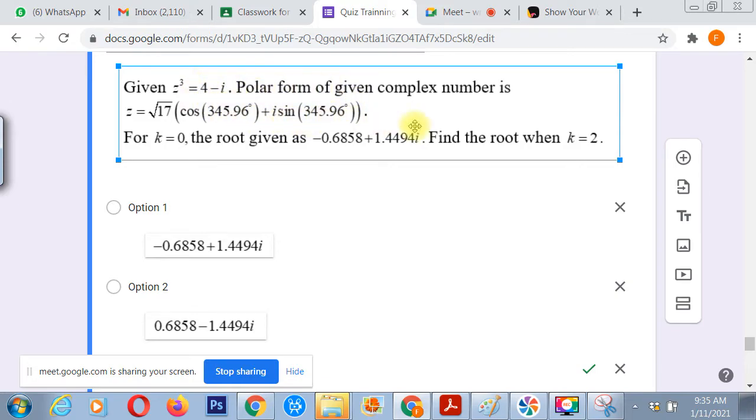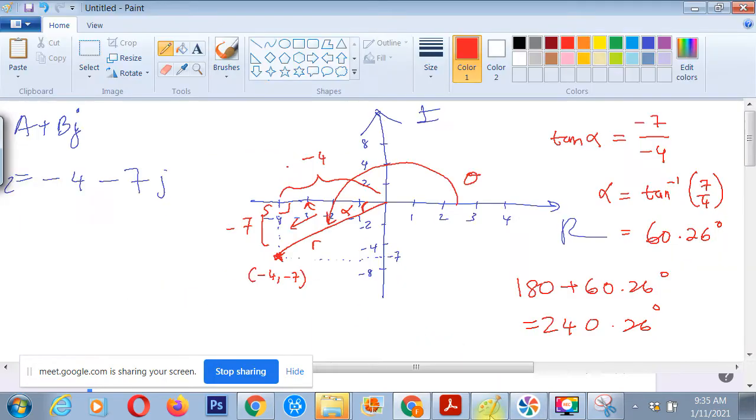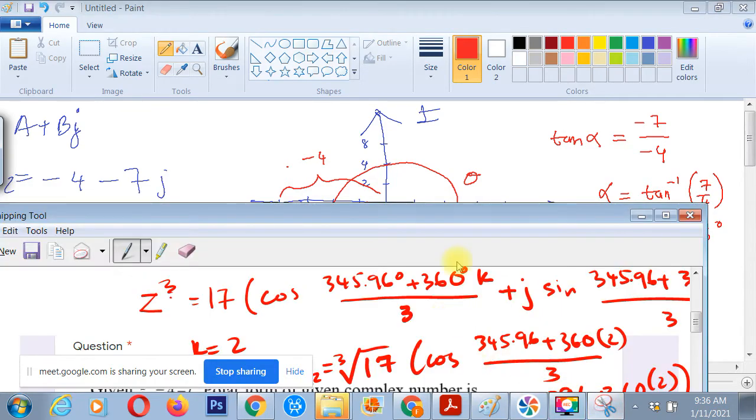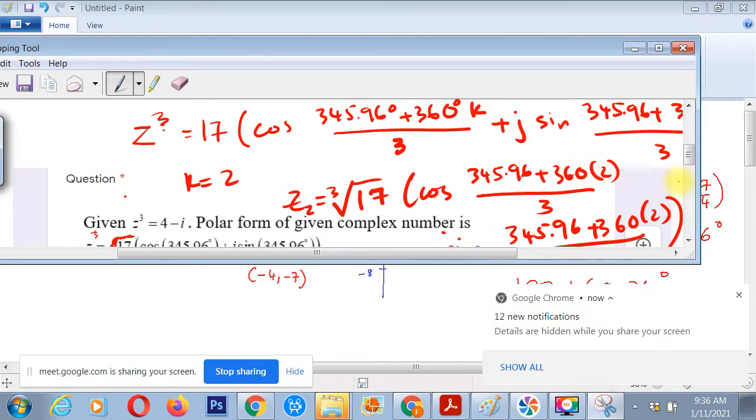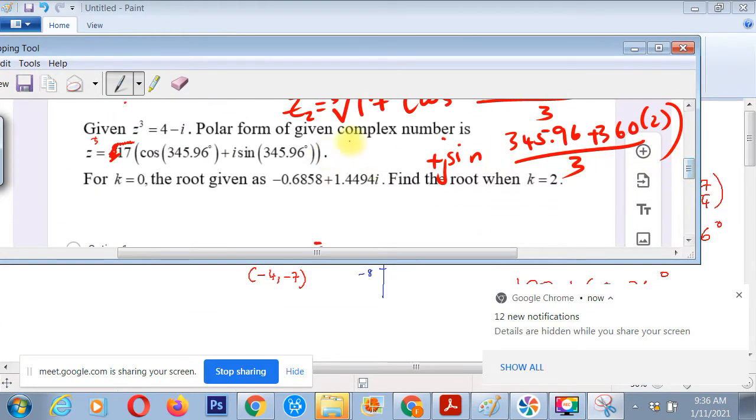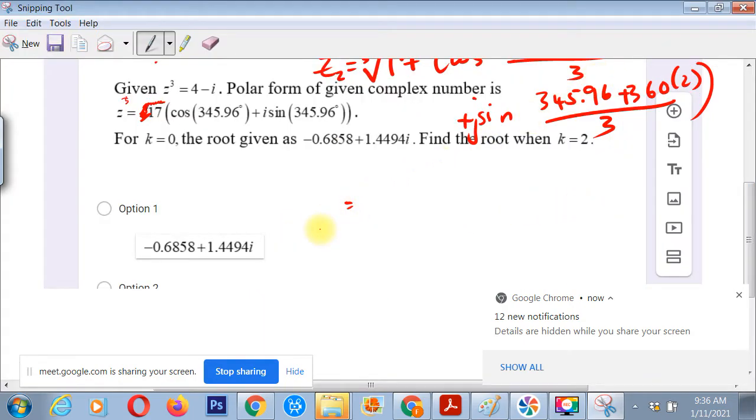It already gives the polar form, just add k equals 2. Then use the calculator and find everything inside here. So you will get the answer in terms of A plus Bj.